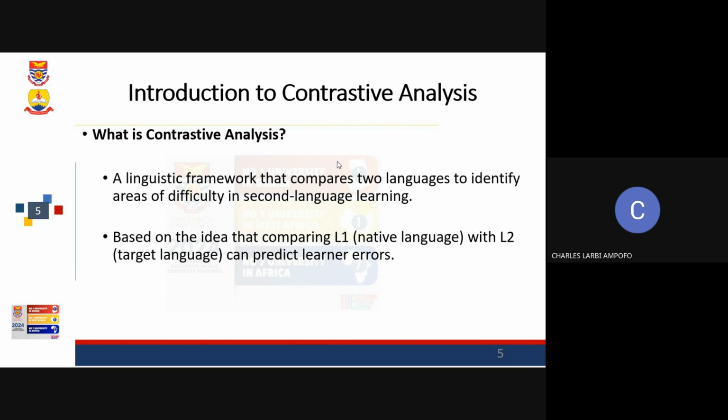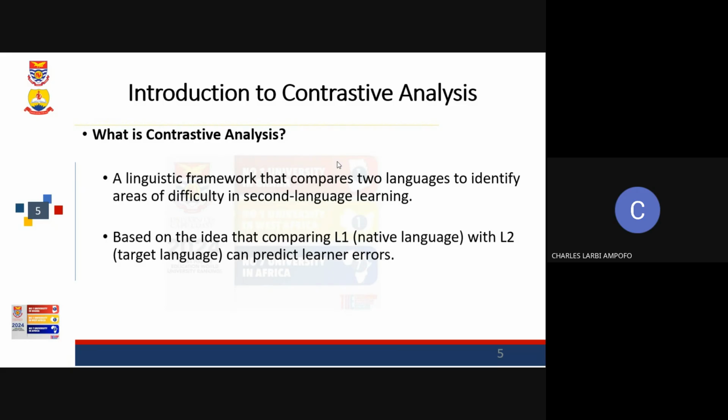So contrastive analysis is of the view that if you want to teach a certain foreign language or a second language to a person, you must compare the person's L1 to that of the second language that you want to teach, so that you'll be able to identify the areas that the person will face difficulties. And in doing this, it will help you know what to teach the person.